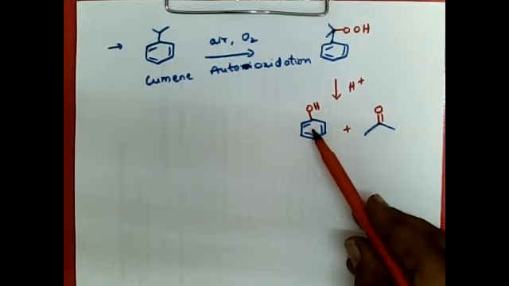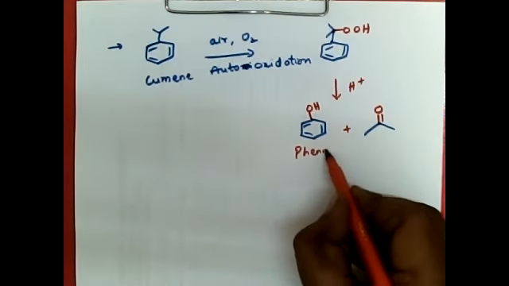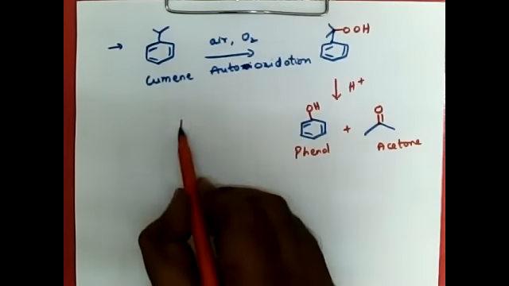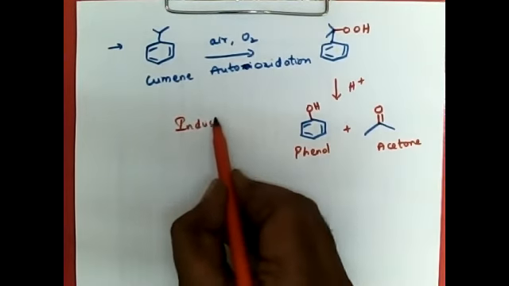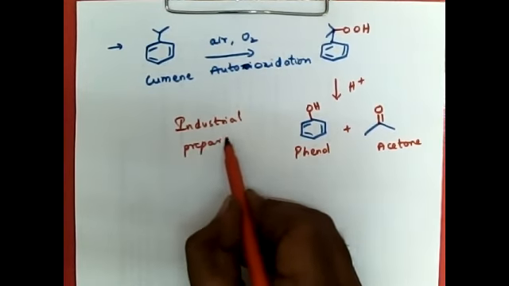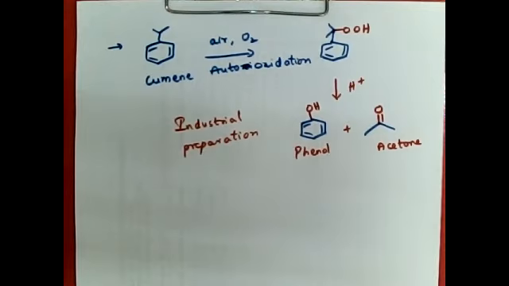Phenyl group will migrate. So we are getting phenol and acetone. This is the industrial preparation method. Phenol and acetone are prepared in industry by this method.